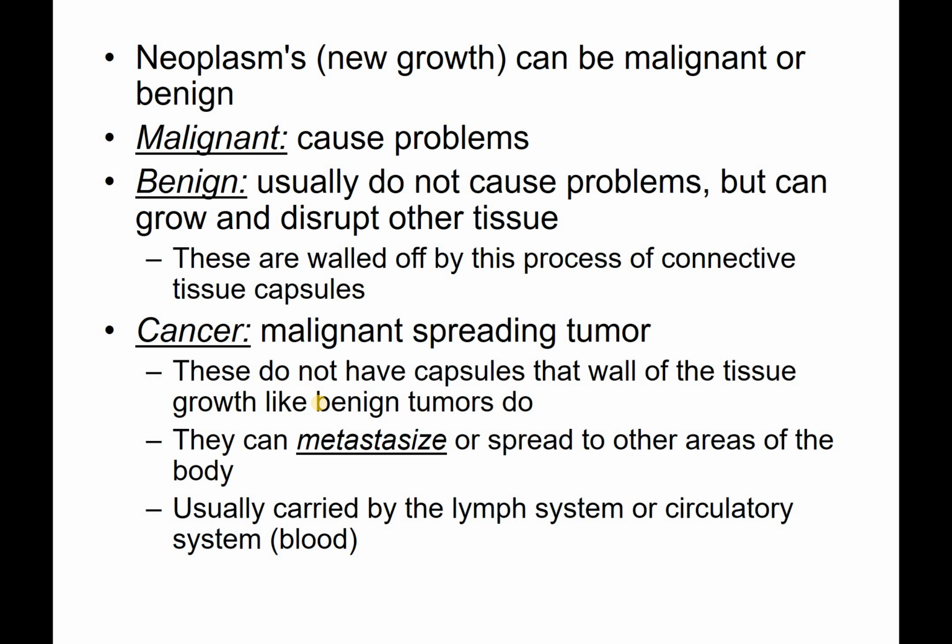The malignant is the bad one in the neoplasm world, and benign is typically not a bad one. It's a growth, it's a tumor, but not necessarily bad. However, the increasing size of the benign tumor can start to press on sensitive structures, which can cause problems and disrupt other tissue.